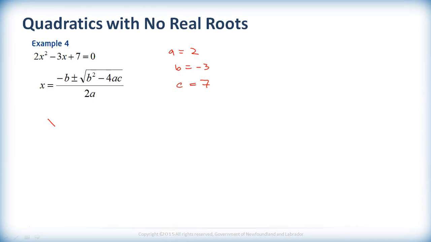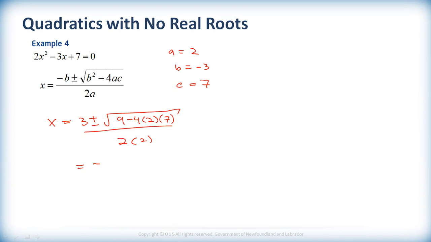Plug away here now. So x is going to be negative b, which will be negative negative 3, or positive 3, plus or minus the square root of negative 3 squared, which is 9, minus 4 times a times c, so that's 2 times 7, all over 2 times a.